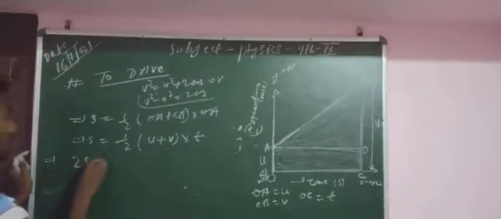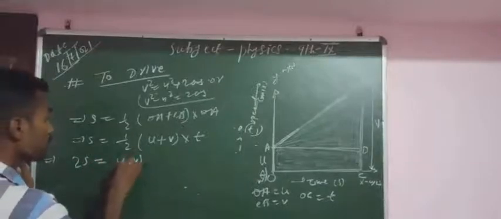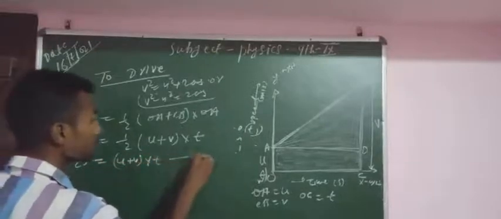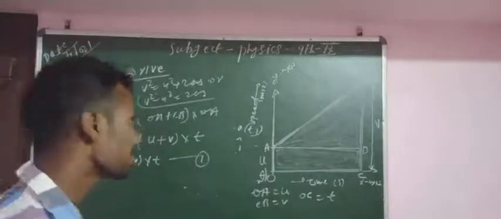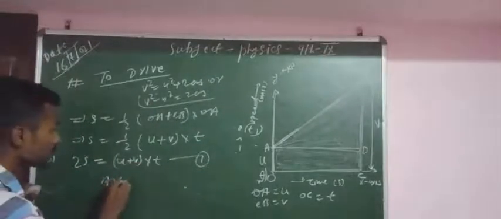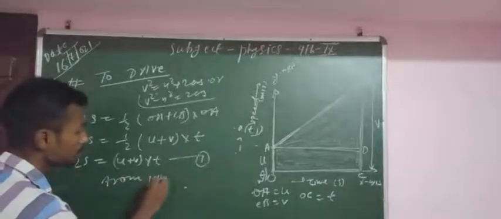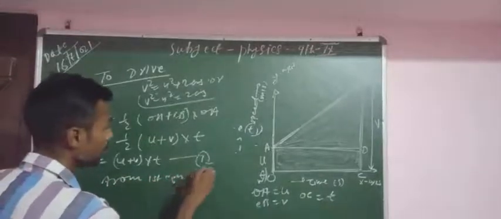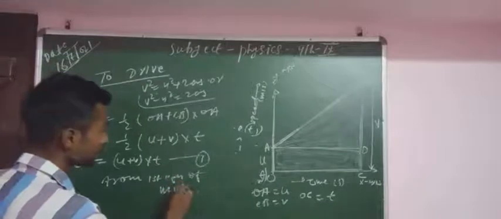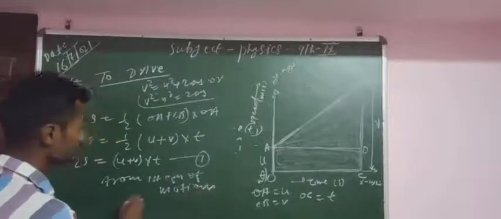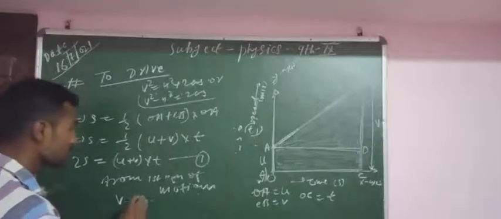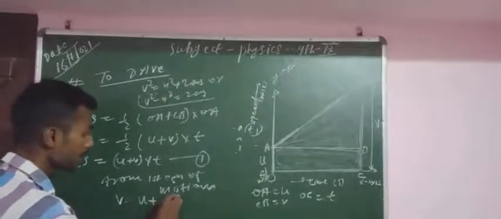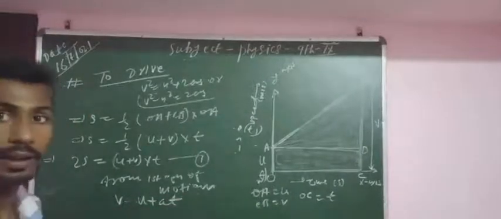That means 2s equals (u plus v) into t, equation first. And as we know from the first equation of motion, which we have already proved, v equals u plus at.